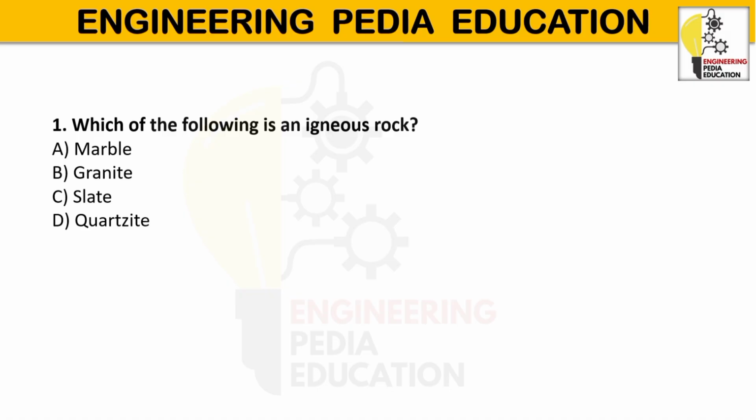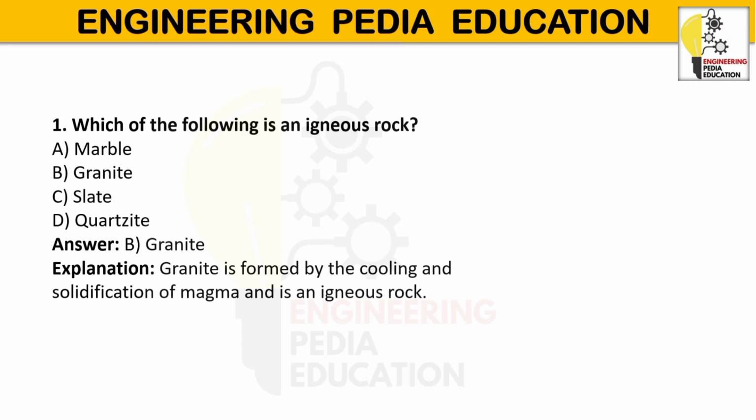Which of the following is an igneous rock? Marble, granite, slate, quartz. So the correct answer is granite. Granite is formed by cooling and solidification of magma and is an igneous rock. Igneous rock is a type of rock that forms when molten rock, magma or lava, cools and solidifies.